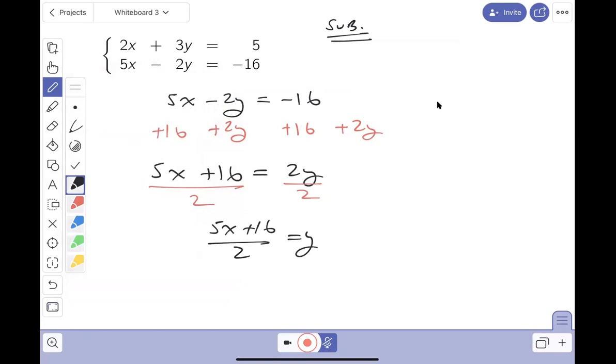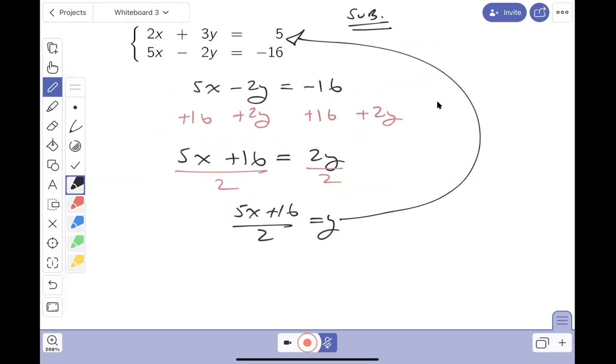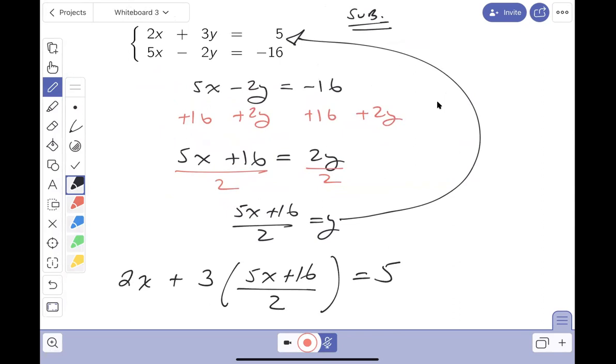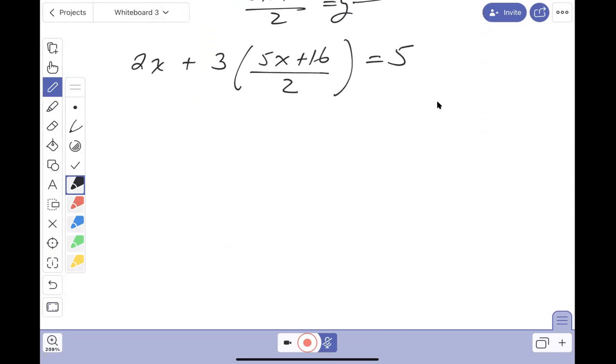Now here comes the tough part for a lot of students. They've got to take this thing, which some students find nightmarish, and plug it in up here. And let's go through that. And what are you going to get? You're going to get 2x plus 3y. Well, I believe y is 5x plus 16 over 2. And that equals 5. All right, let's keep going through it. And I'm looking at it.